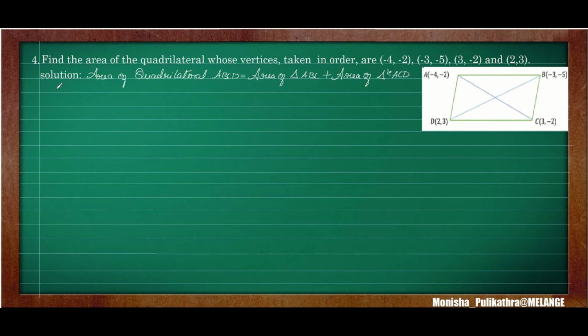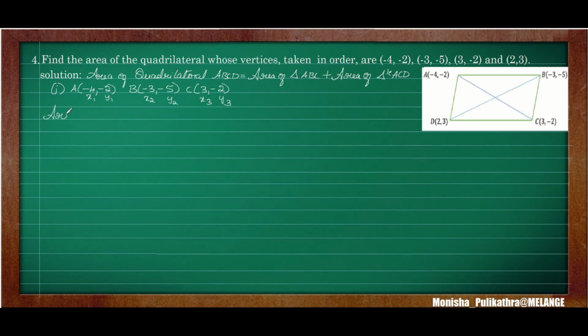Okay, so now first we need to find out the area of triangle ABC. So we need to write the vertices of triangle ABC, that is A is -4, -2, and B is -3, -5, and C is 3, -2. So this will be x1, y1, x2, y2, and x3, y3.